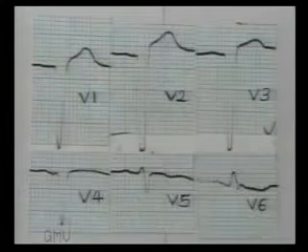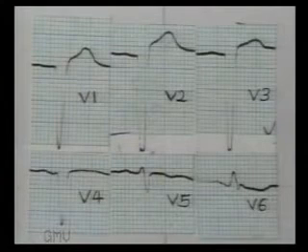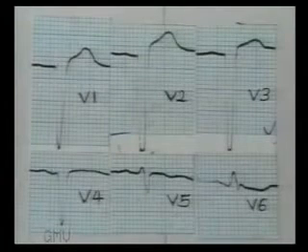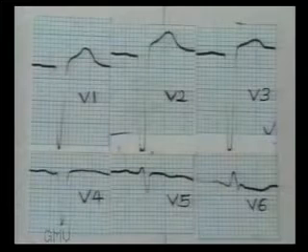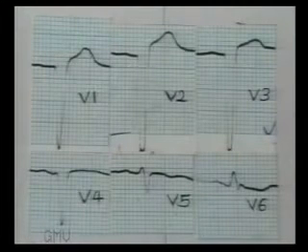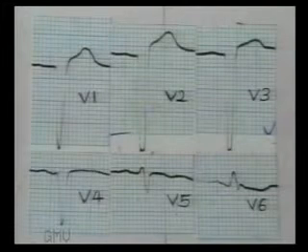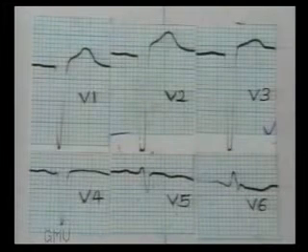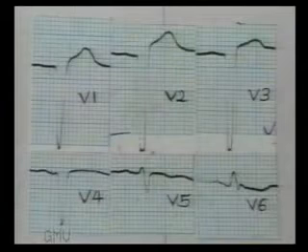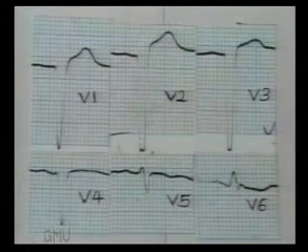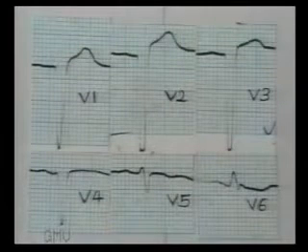In the chest leads, wide QRS complexes with increased amplitude are immediately apparent. Study V1 and V6 for RR' pattern. V1 shows deep and wide QS complex. V6 shows broad R wave with no Q wave, a typical picture of left bundle branch block.